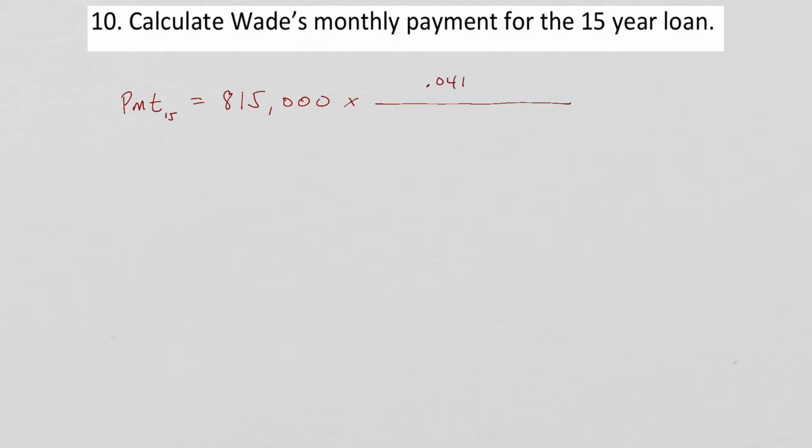So 0.04125 divided by 12, 1 minus, 1 plus 0.04125 divided by 12, negative 12 times 15. And this is going to come out to, okay, I got 6,079.64. Okay.